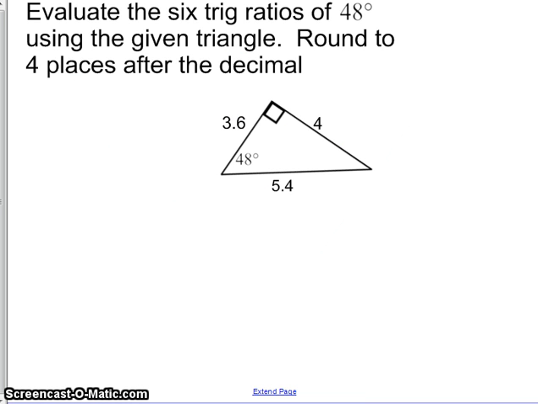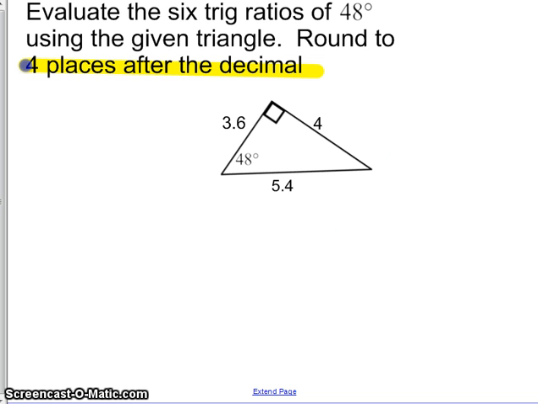All right, so now in this problem, we've got some decimals. If you're given a decimal answer for one of the side lengths, you are allowed to use a decimal for your answer. And so the directions say 4 places after the decimal.